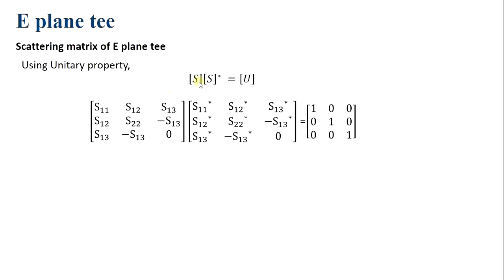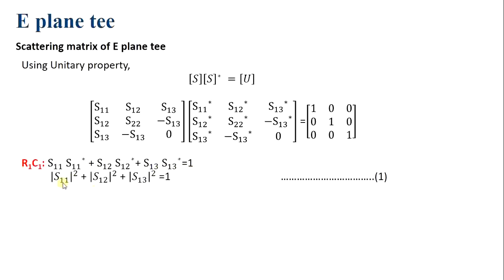Putting the S matrix and the S conjugate and multiplying them and equating to the unit matrix, we get the first equation, row 1 and column 1, which is S11 into S11 conjugate plus S12 into S12 conjugate plus S13 into S13 conjugate. From the unitary property, we can write it as mod of S11 squared plus mod of S12 squared plus mod of S13 squared equal to 1.